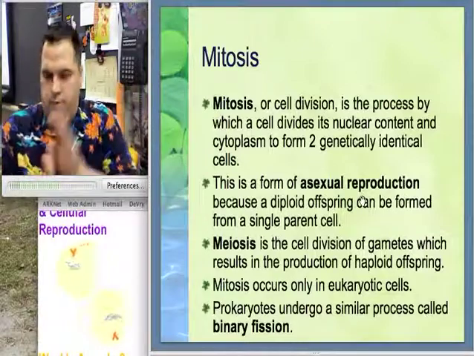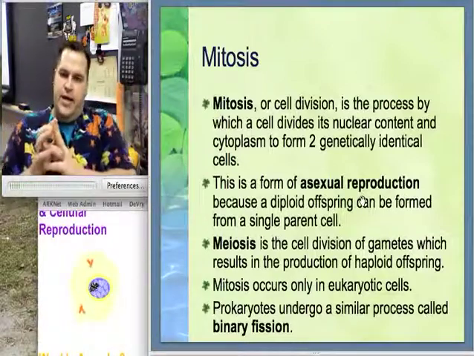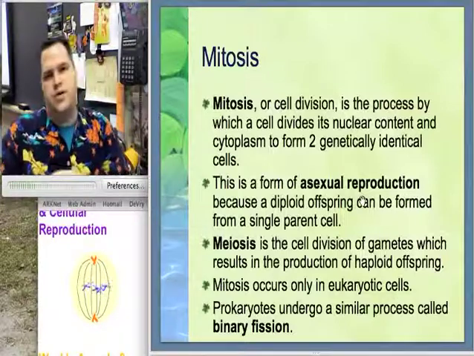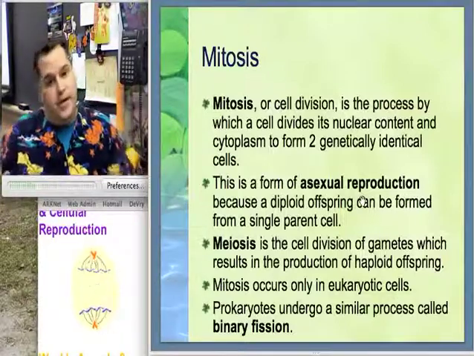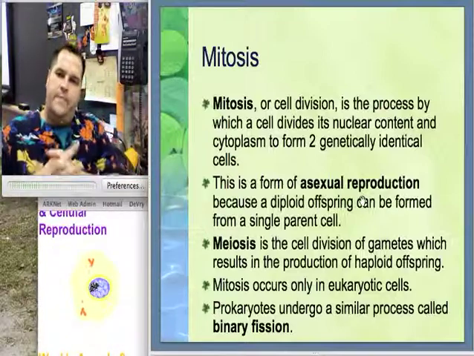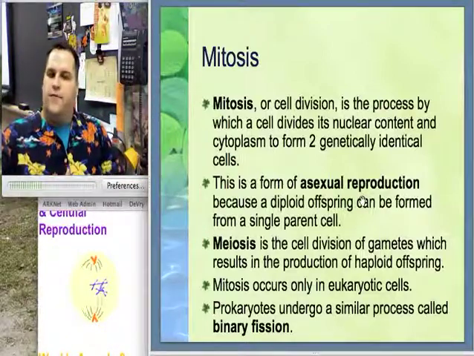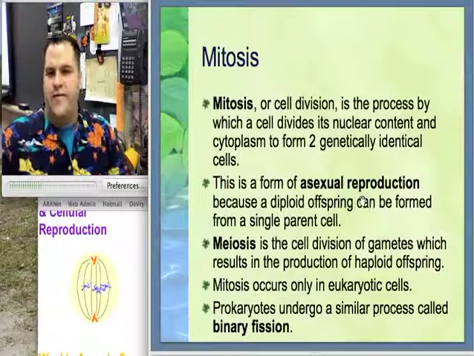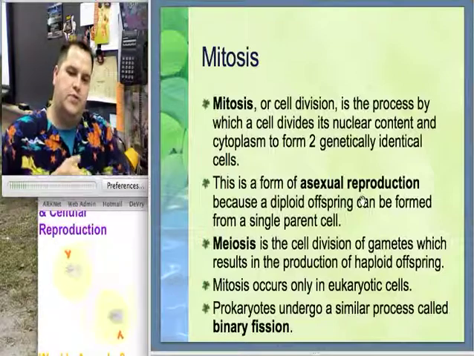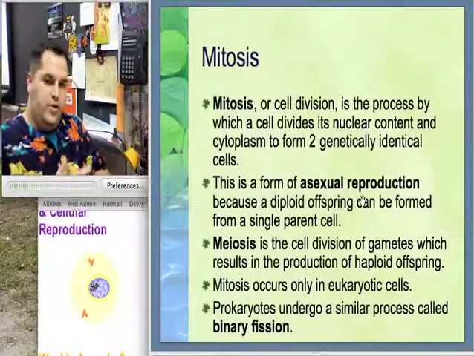Meiosis, depending on how you pronounce it, is how we make haploid cells. But mitosis results in diploid cells. So meiosis will result in cellular division with haploid offspring, whereas mitosis will end up with 2 genetically identical cells that are diploid in nature.